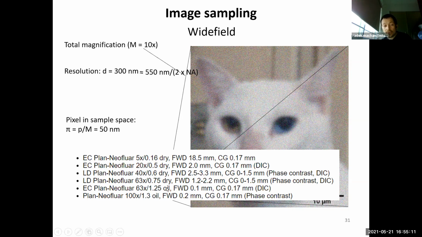So in this case, if I use the resolution criterion, which means that the resolution is half of the wavelength, I can use 550 as the middle of the visible range divided by the numerical aperture. For this microscope, actually, this one is about the ideal sampling. So for this one, I will have an oversampled image.